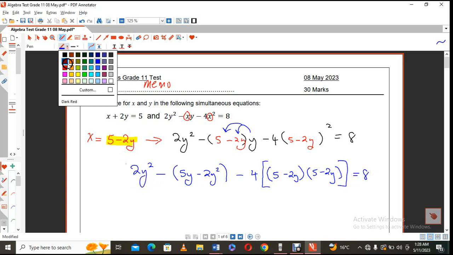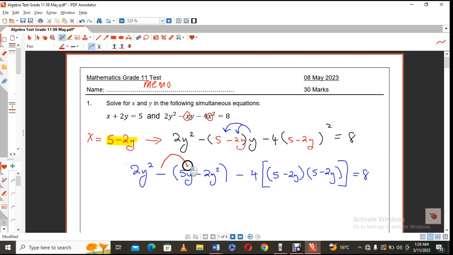Before I go there, my next step, obviously there's a negative 1 here, and this is going to give me 2y squared minus 5y, and a negative gives you a positive 2y squared minus 4. And now my brackets I'm going to change, because I'm going to multiply this 5 with that 5 over there.